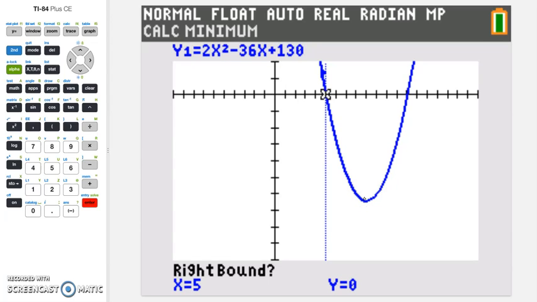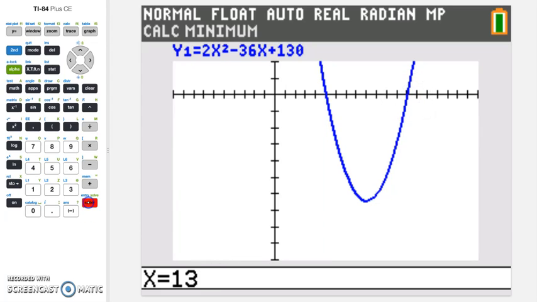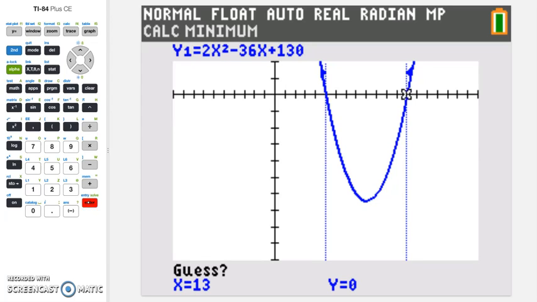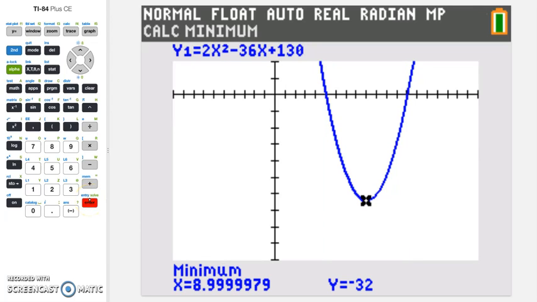And I know that my other x-intercept is to the right of that vertex. And that x-intercept was 13. So I'll type 13 in and hit enter. Don't feel like guessing. So when I hit enter again, I get 8.9999979. That rounds to 9. Negative 32. So my ordered pair would be 9, negative 32 for my vertex.